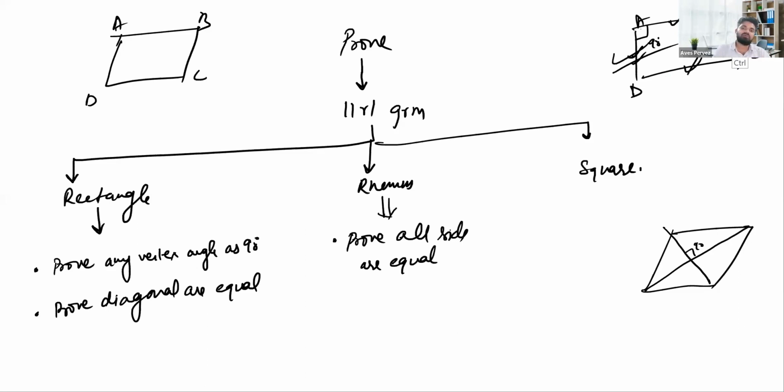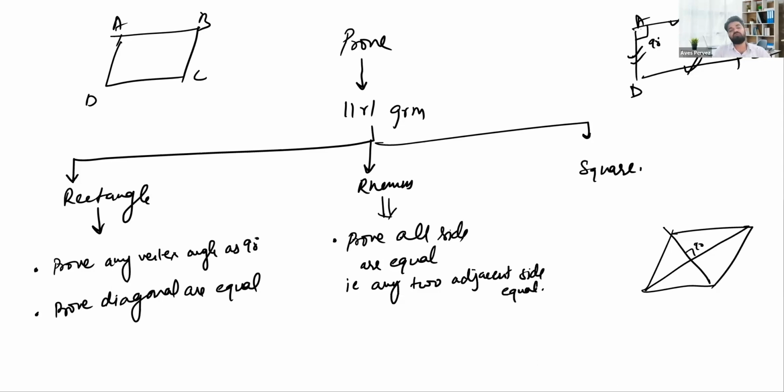Adjacent sides are AB and AD. So prove any two adjacent sides equal.